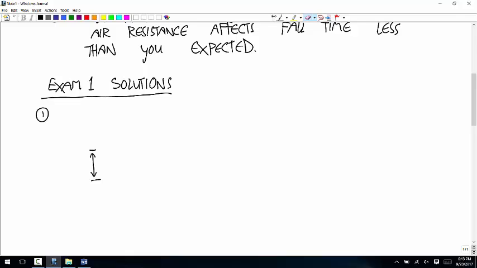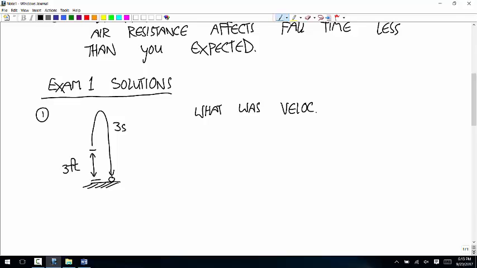The whole flight takes 3 seconds. This is 3 feet. What was the velocity at the instant it was released?